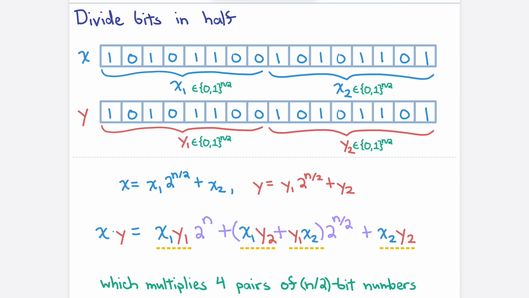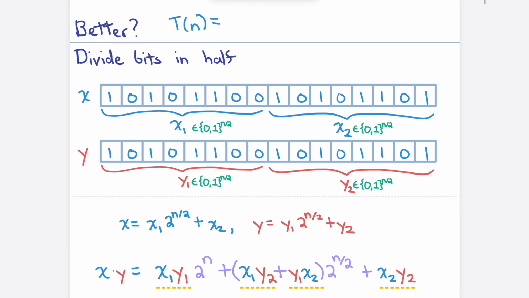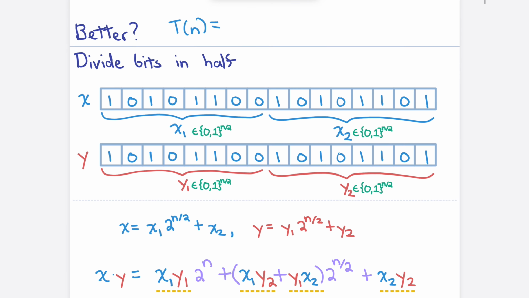Okay, good. So what would be the running time of this algorithm? Let's first model it, and then we'll do our usual recursion tree. Yeah. 2T(n over 2).